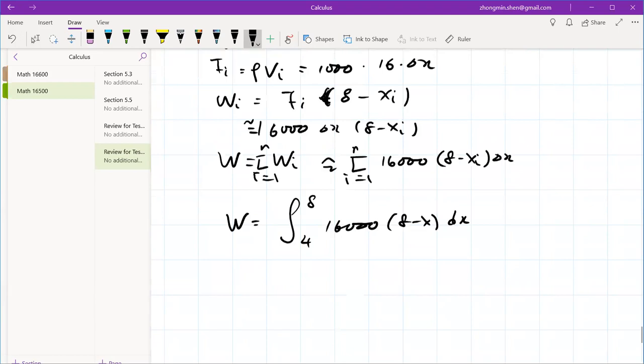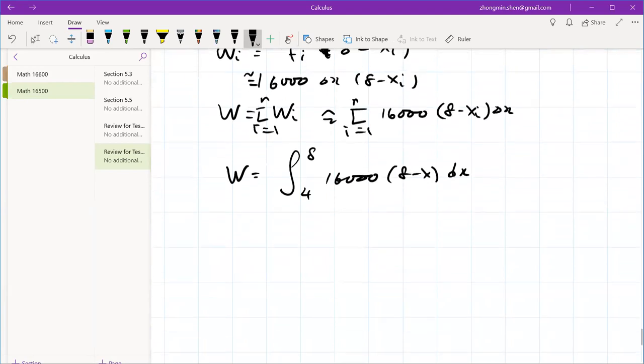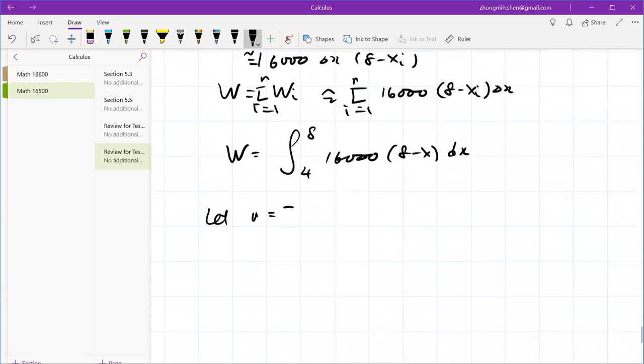All right. Now you can also use a substitution to simplify it. For example, you can let u be 8 minus x, du equals negative dx. u equals 4 when x equals 4, u equals 0 when x equals 8.